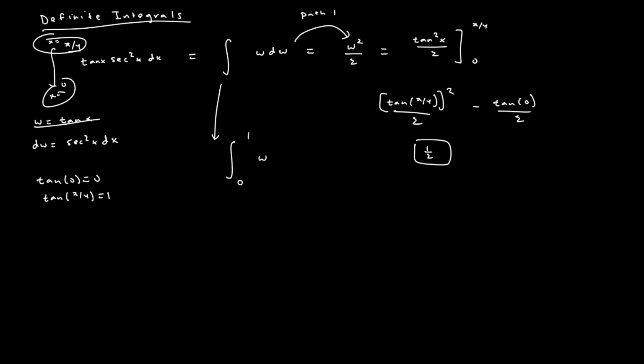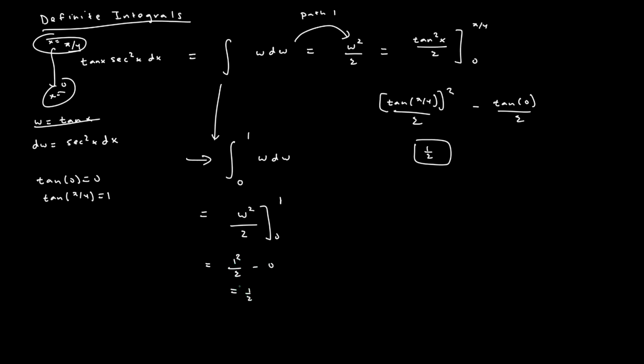So we have found the definite integral in terms of w completely, and so once we evaluate this integral, we can just do w squared divided by 2, and we don't have to do the re-expression in terms of x because we've already re-expressed our limits in terms of w, and so we can just continue evaluating as if we were evaluating this definite integral. And when we do that, we get 1 squared divided by 2 minus 0, and that's simply 1/2.